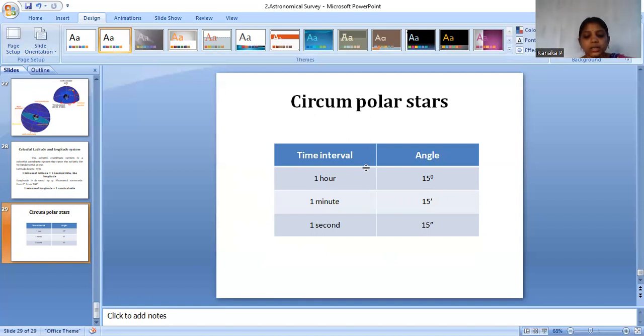This system is also called the horizon system, which is dependent on the position of the observer. It is also called the celestial sphere coordinate system, mainly used for astronomical survey. So today's session is to cover the topic of astronomical survey.